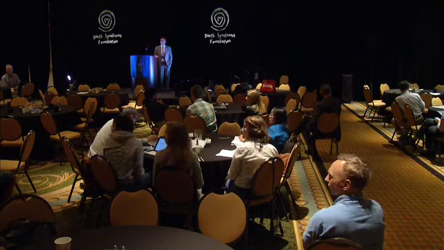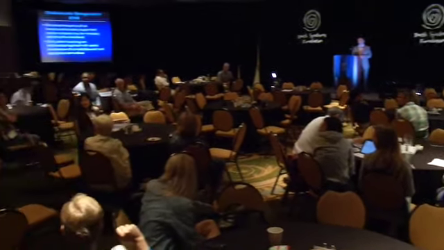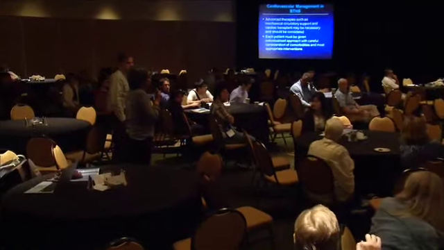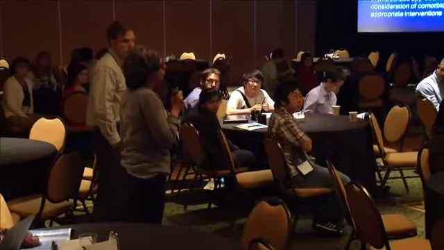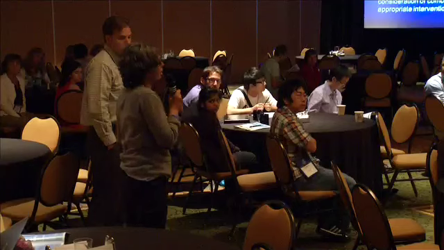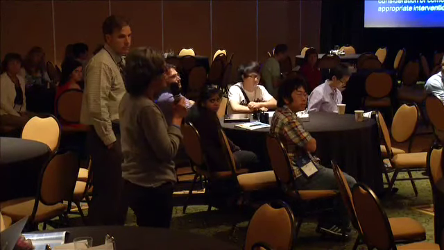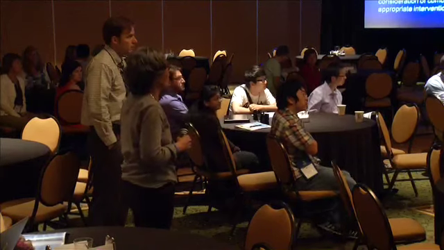Nice talk. I have a question. Is it known if cardiomyopathic patients have abnormal levels of 4-hydroxynonenal, which is a product of lipid peroxidation? Is it known? I'm asking you.